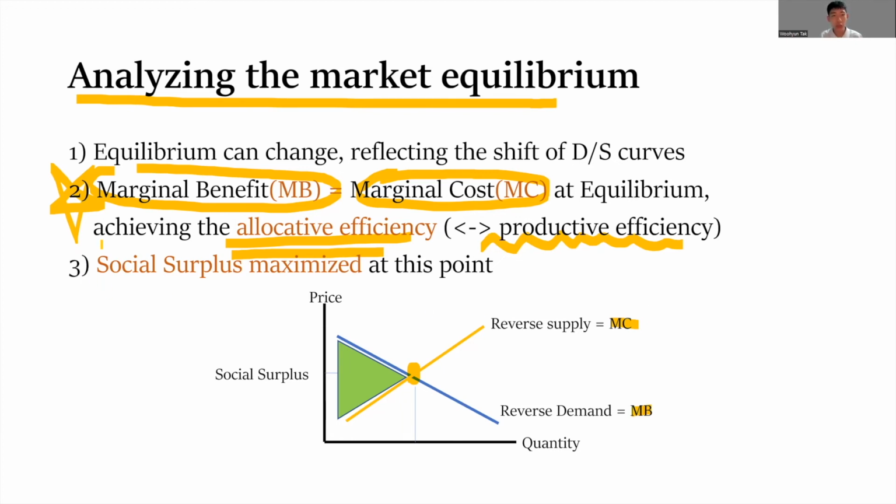And third, social surplus is maximized at this point. This triangle is the area of social surplus, and this will be specified in the next lecture. So we will just keep in mind that the social surplus is the biggest at market equilibrium. Therefore, this is the reason why efficiency is maximized at the market equilibrium.